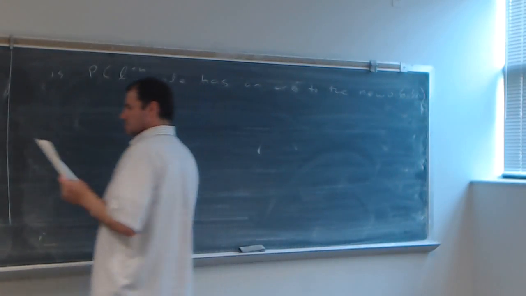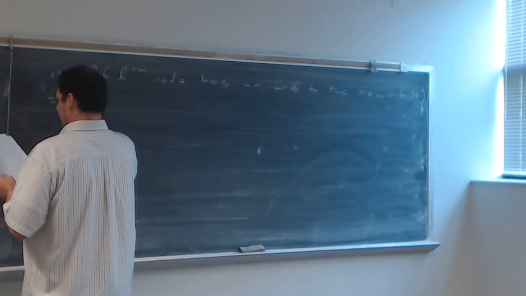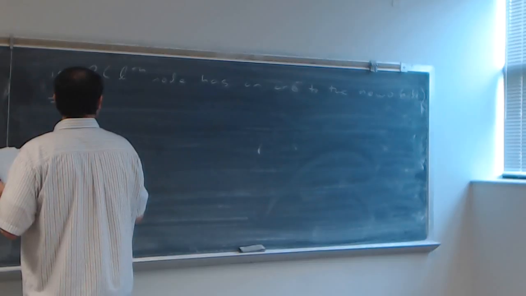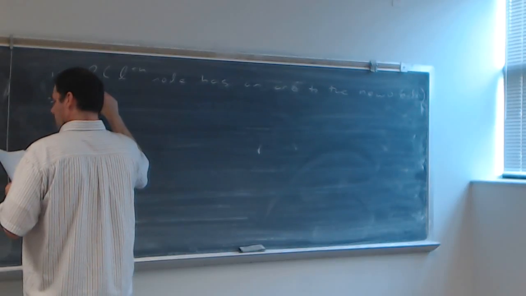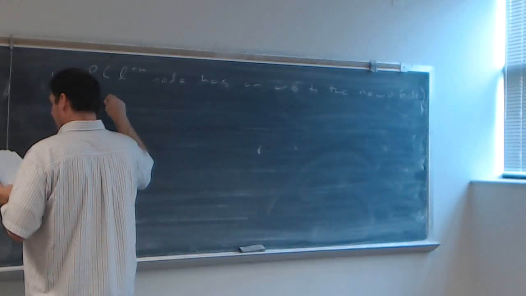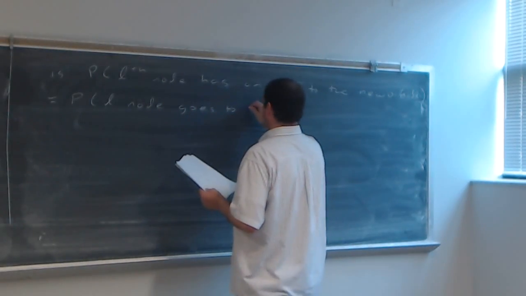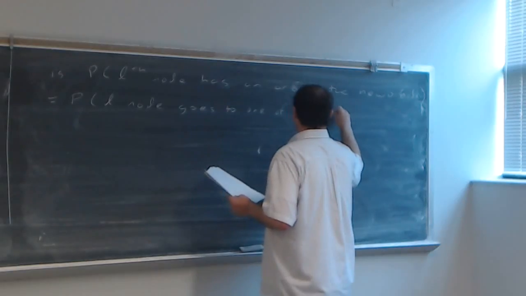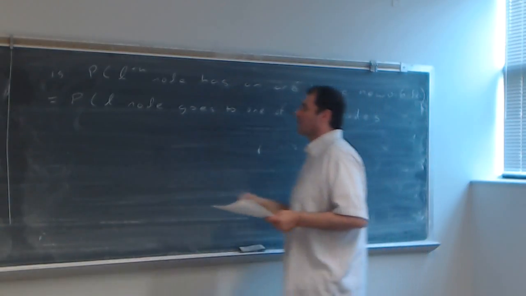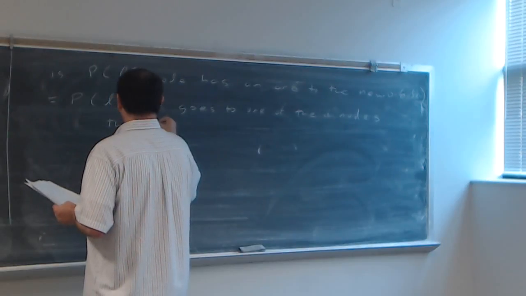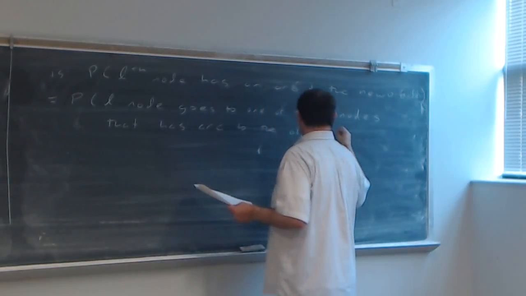Okay, let's see. This is the probability that, wait just a second, this probability that L node goes to one of the I nodes that has an arc to the old 0 node.